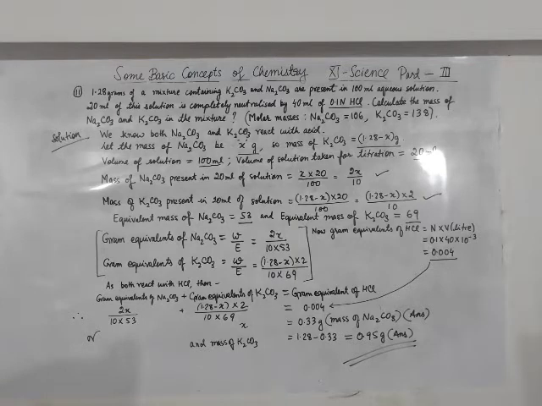Calculate the mass of sodium carbonate and potassium carbonate in the mixture. The molar masses of sodium carbonate and potassium carbonate are given, 106 and 138. Okay, please copy the question.